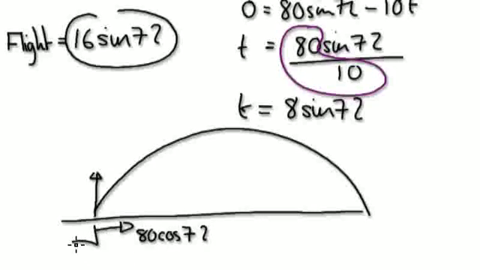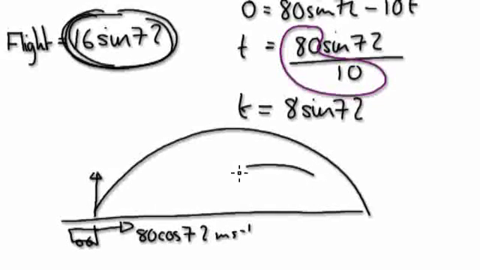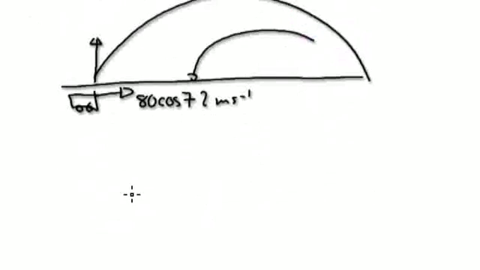So now imagine you and your dad sitting in a car traveling at a speed of 80 cos 72. So this is your speed, meters per second here. Well, if the flight time is this, then you would just get the flight time times the speed to give you the whole range, okay?